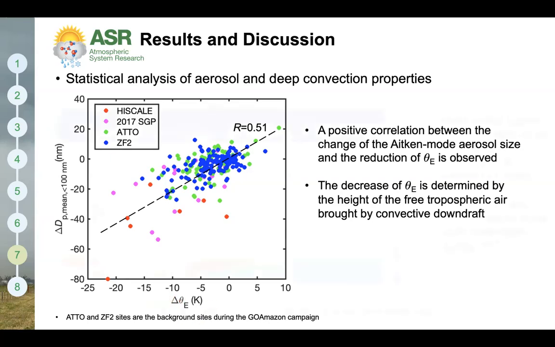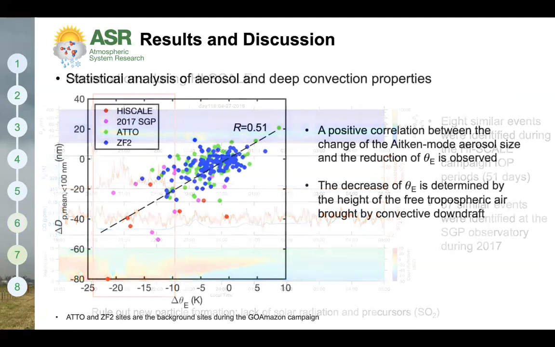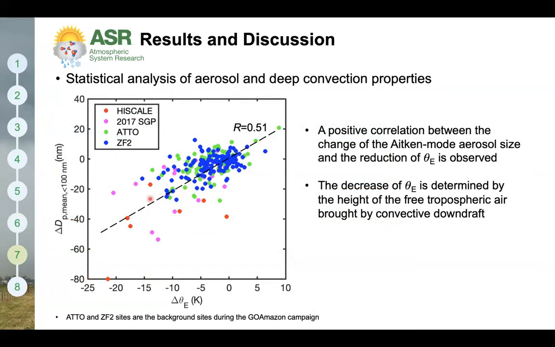Because if you recall the deep convection event, generally there's a substantial decrease of the atypical mode aerosol size, and at the same time, there's a substantial decrease of the theta E. So we found that there's a positive correlation between these two parameters, which shows that the evolution of the aerosol properties is indeed caused by the deep convection.